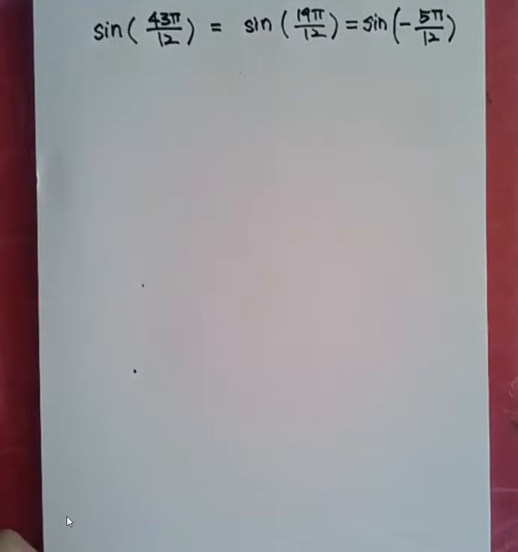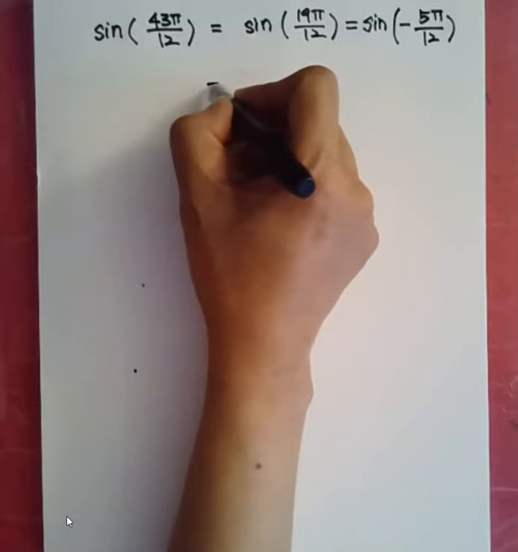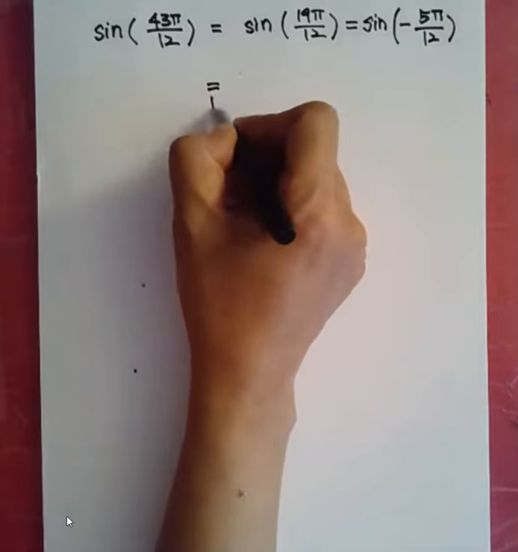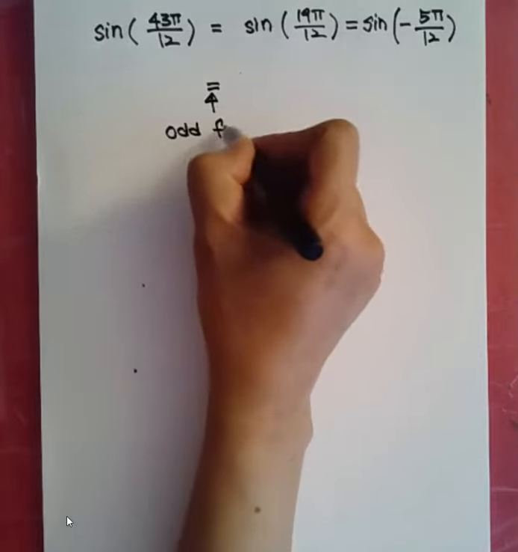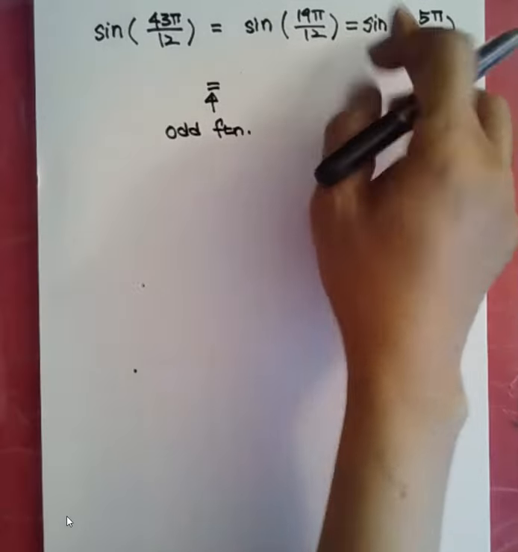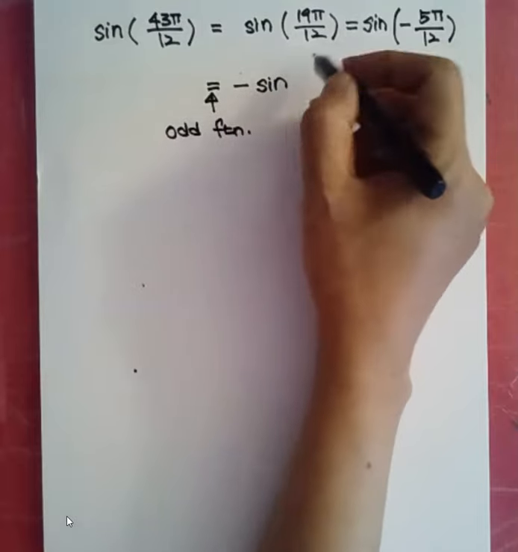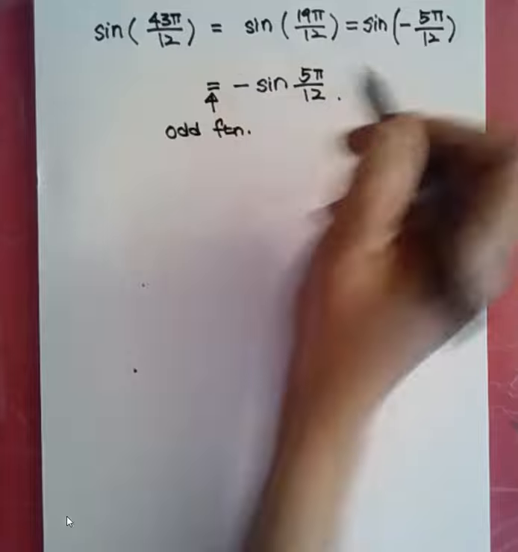Here, we can use the odd function property for sine. Then this minus can be written in front of sine, so it becomes minus sine of 5 pi over 12.